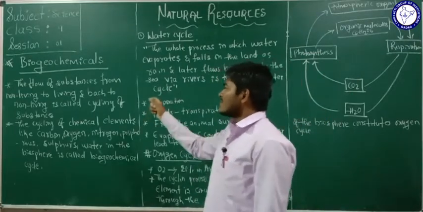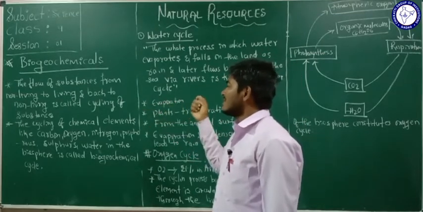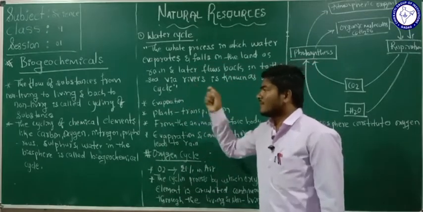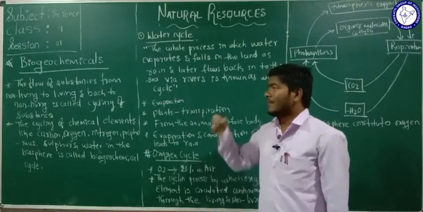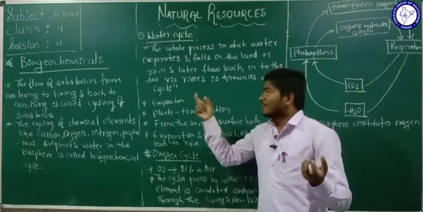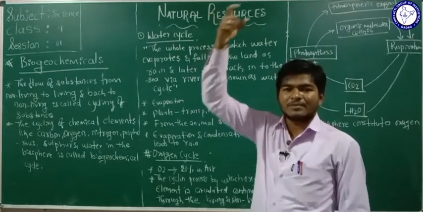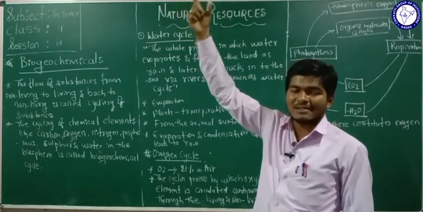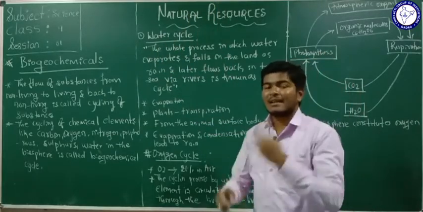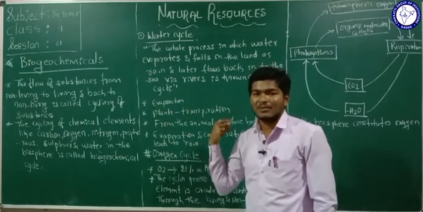The flow of substances from the non-living to the living and back to the non-living is called the cycling of substances. I am taking one example here, oxygen. Oxygen is a non-living substance that is absorbed by living organisms, by the plants and other organisms.